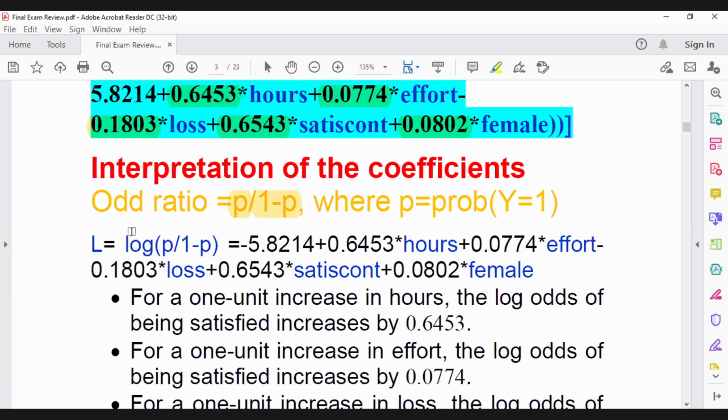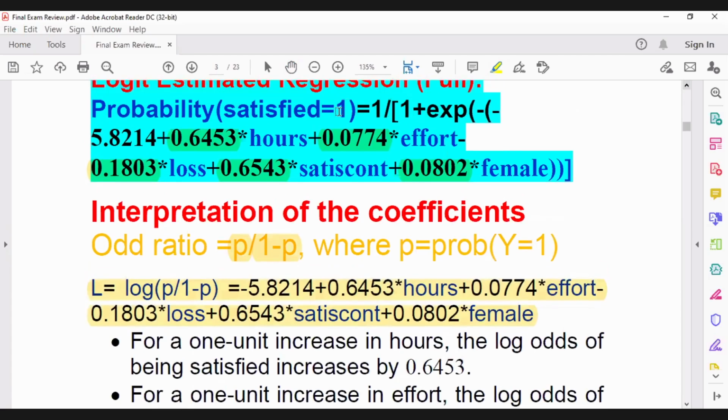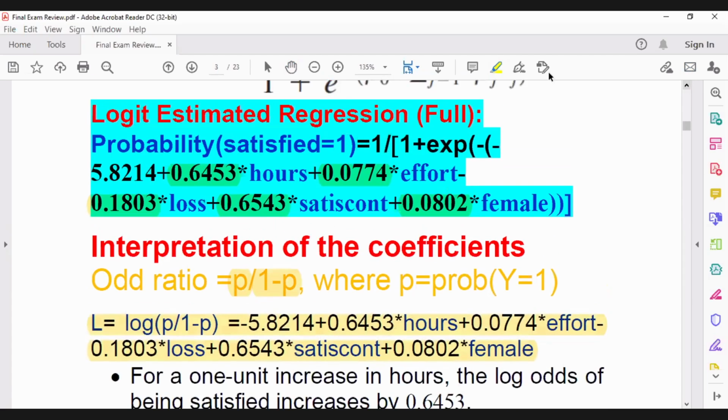And this is the linear form of the regression. This expression is equivalent to this one. This is the logit estimated regression, and this is its linear form. How do we get this linear form?